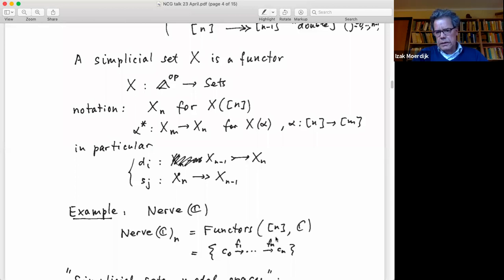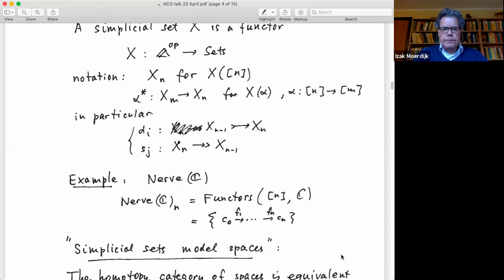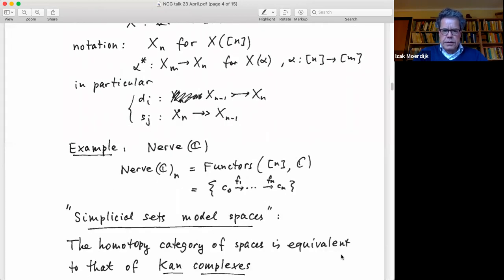And in this way, you make it completely evident that it's contravariant in n. Okay, so the slogan that simplicial sets model spaces, I said it in the beginning, one way to say it is that the homotopy category of spaces, or maybe of CW complexes, is equivalent to that of Kan complexes.